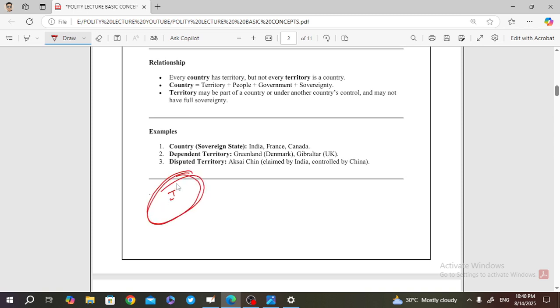Every territory and every country share a common thing: a fixed geographical extent. But is every territory a country? No. A territory may in future become a country.